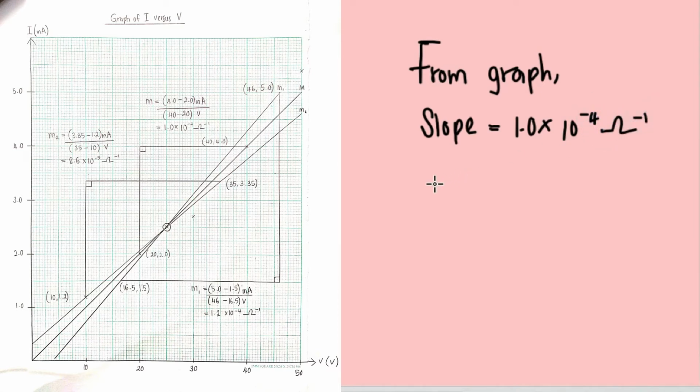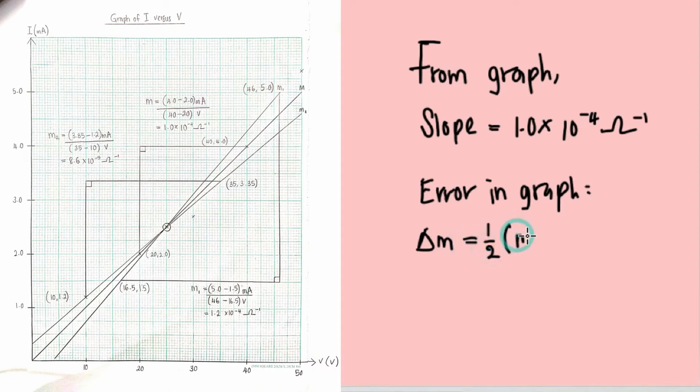To calculate the error, we draw two other lines, m1 and m2, and calculate their slopes. As shown in the graph, m1, the slope of the first line, is 1.2 times 10 to the power of negative 4 with the same unit.